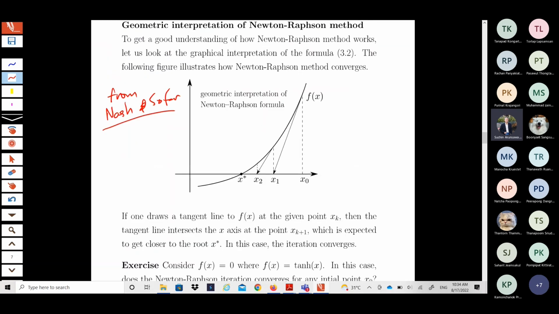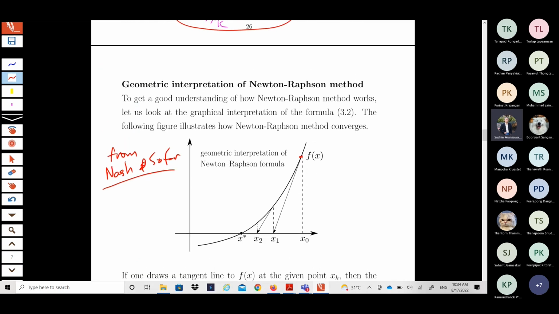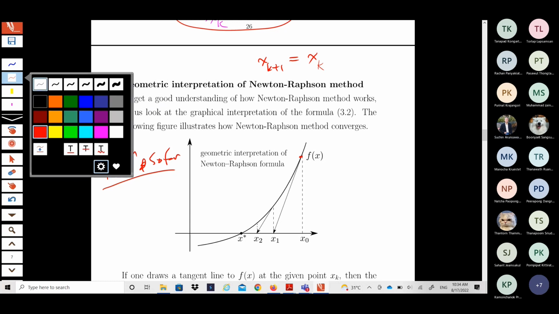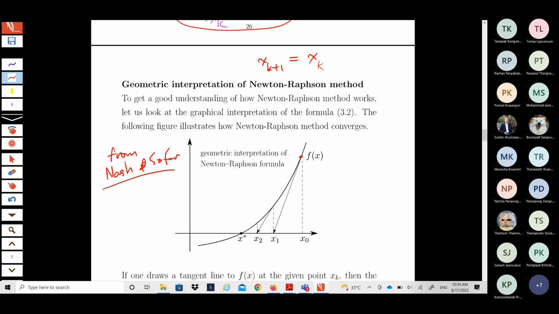Now here we want to look at the interpretation of Newton-Raphson. Let me remind you again that the Newton iteration is x_{k+1} equals x_k minus f(x_k) divided by f prime of x_k.